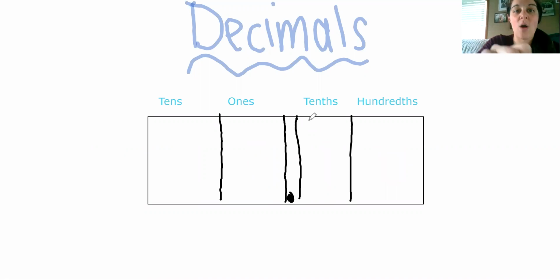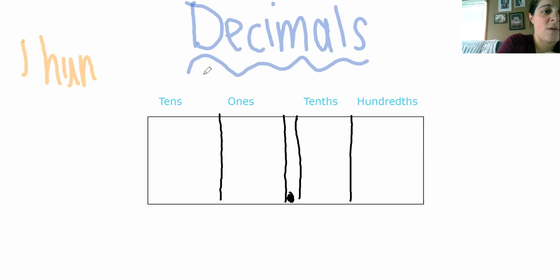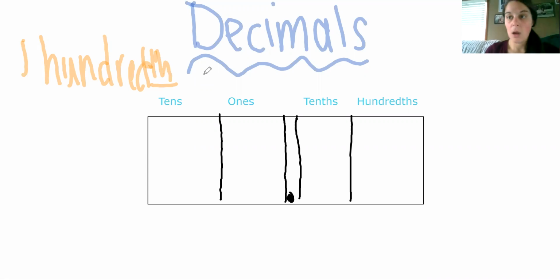Okay, so now what if I have 1/100th? What do I need to do? Plug it into my place value chart, and it says I have 1/100th. I'm going to look at my place value chart. Hundredths, it's telling me I have 1 there.